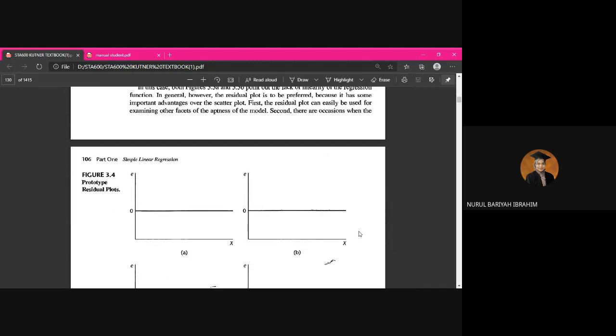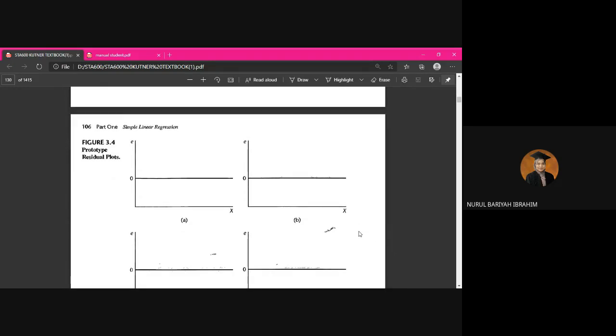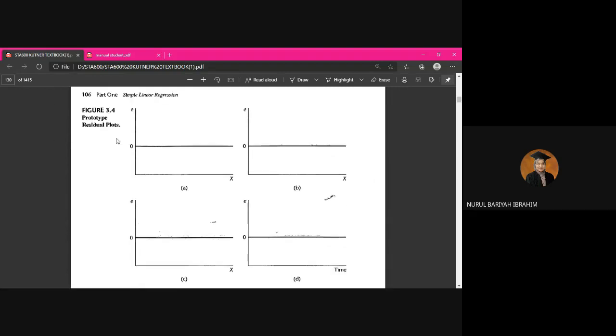And then to check for the linearity, actually we can also use the residual plot, residual versus X and residual versus time. But here it is not shown, I'm not sure why, but in your textbook you can look at page 106.